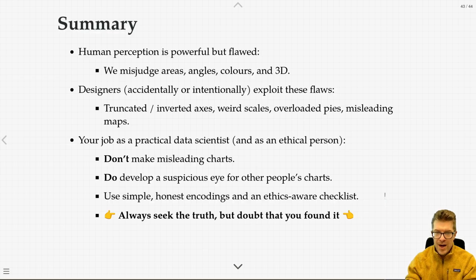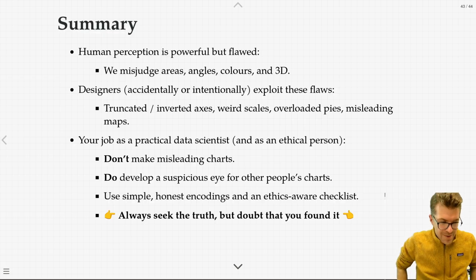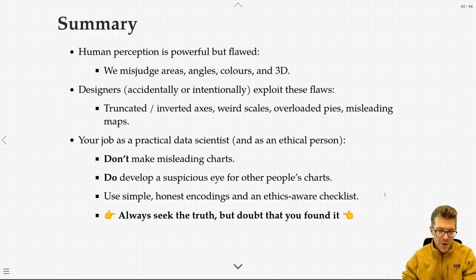Your job as a practical data scientist and your job as an ethical member of society is, don't put things into the world that you know is misleading. Do be suspicious and curious about other graphs you're seeing, including from people that you want to trust. That doesn't mean be skeptical and be outright a conspiracy theorist. That's also a form of cognitive bias and can be unfortunate.